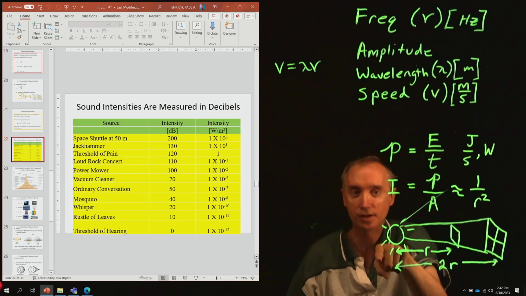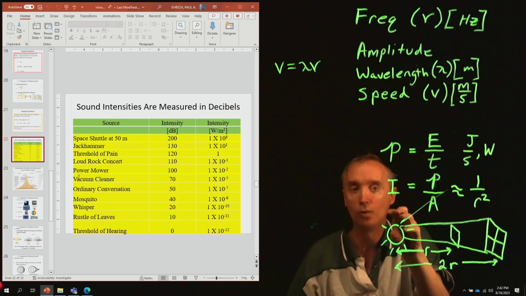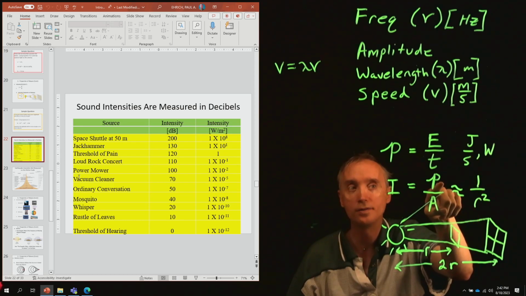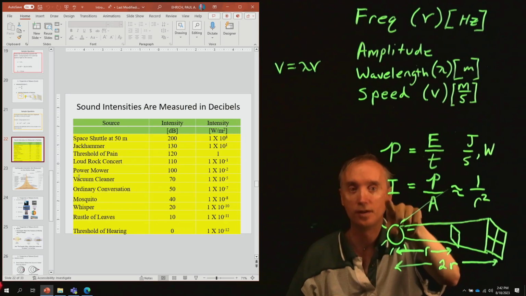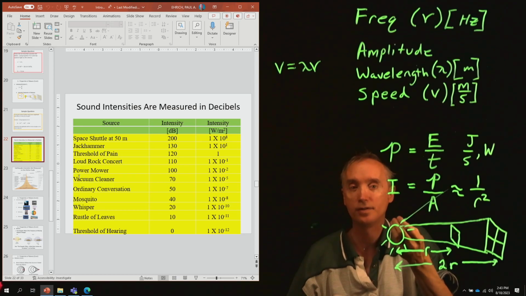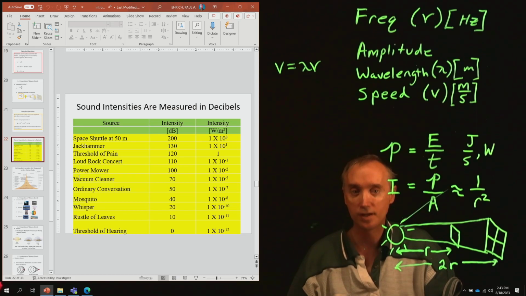The last column tells you the intensity in watts per meter squared. That last column is the official metric unit for intensity, but the decibel system is a shorthand way of telling you how loud something is.